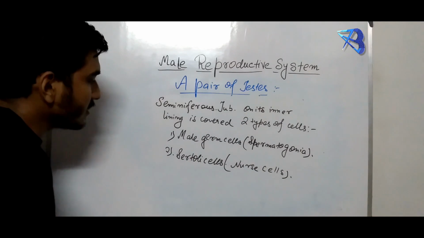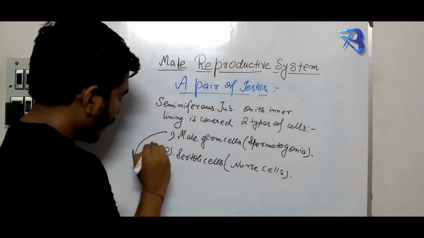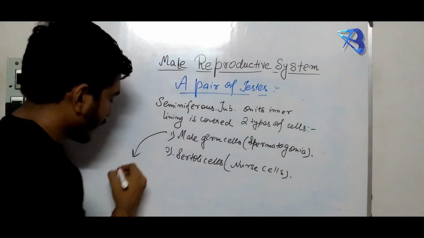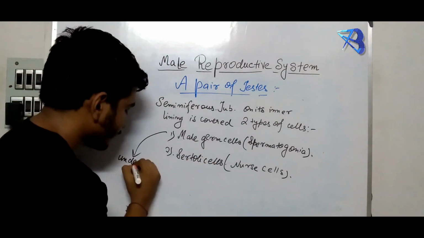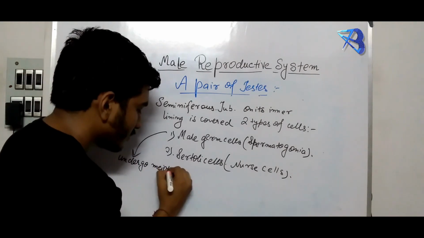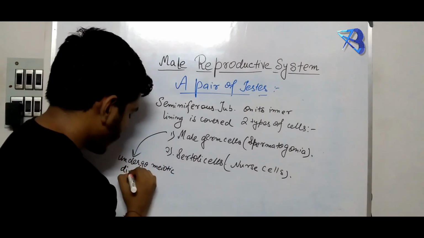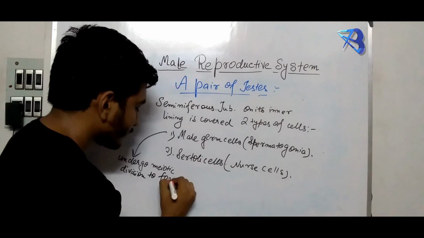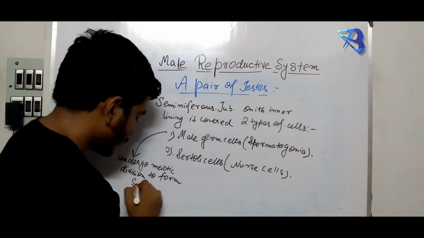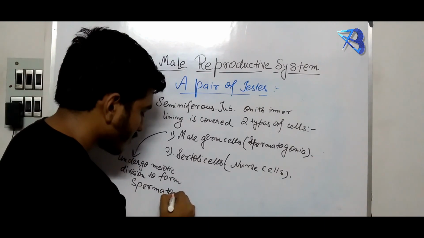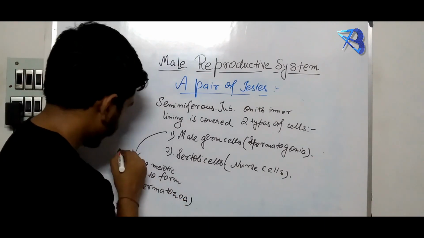The male germ cells undergo meiotic division to form spermatozoa. Okay.